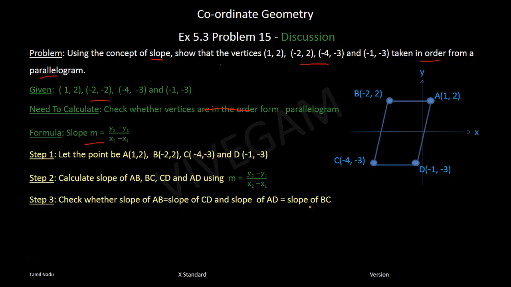If these 2 pairs are equal, then AB and CD are parallel, and similarly BC and AD are parallel. Whenever slopes are equal, they are parallel. If so, then ABCD is a parallelogram. These are the steps. What I suggest is you pause the video here and try to work this out on your own, then come back and check your working against our solution.